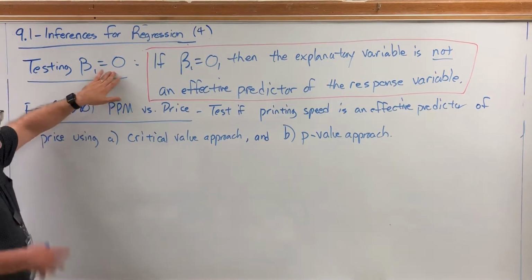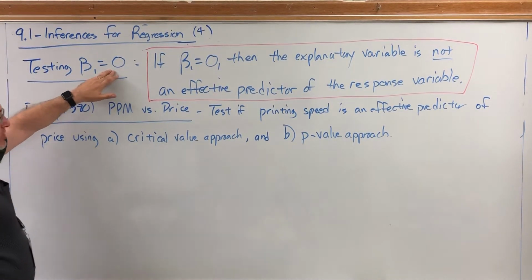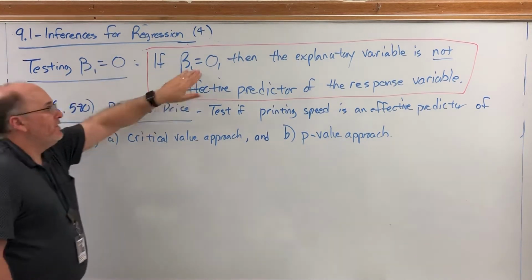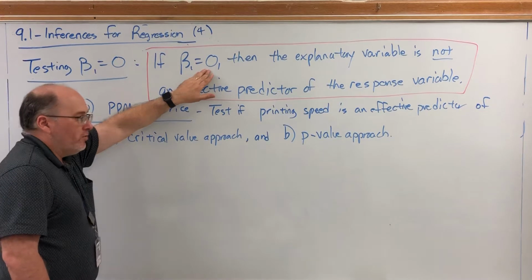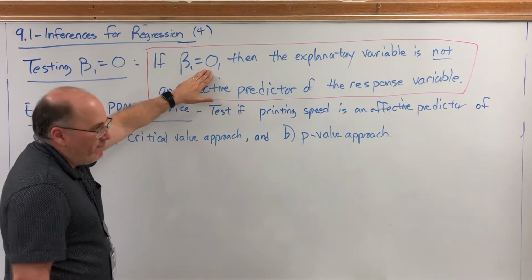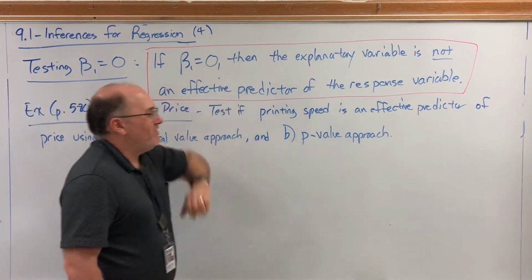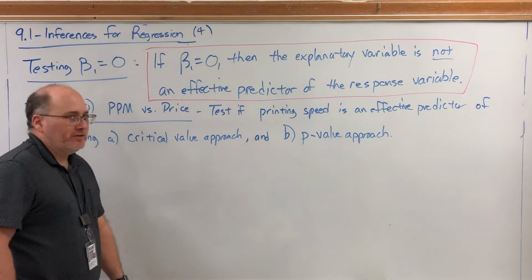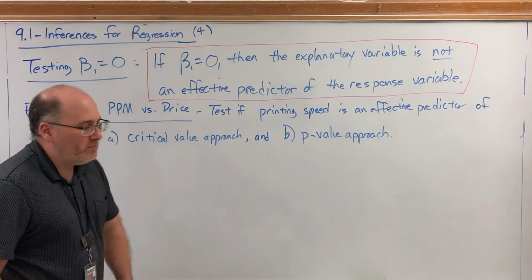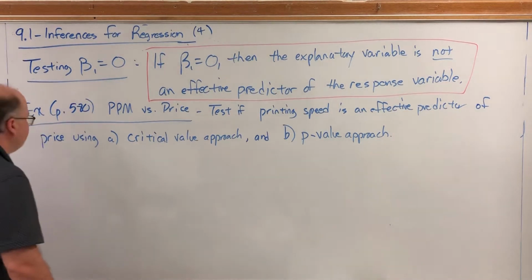We can actually test anything we want, but we'll focus solely on testing whether or not the population regression slope is equal to 0. If there's not enough evidence to conclude that it's not equal to 0, then the explanatory variable is not an effective predictor of the response variable, and hence we shouldn't be using it to predict values for the response variable.